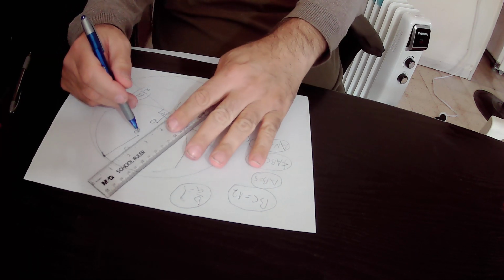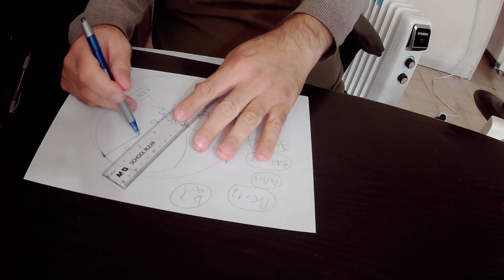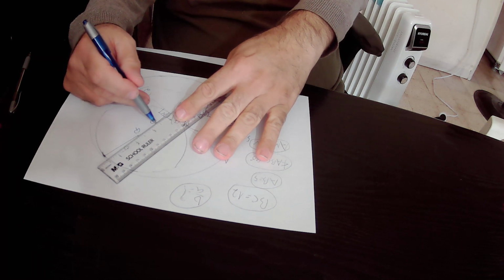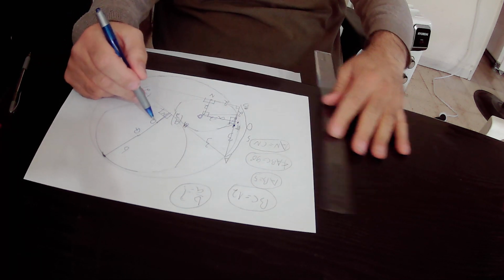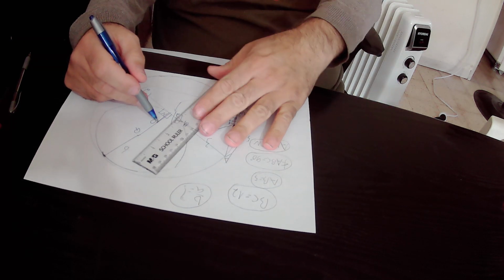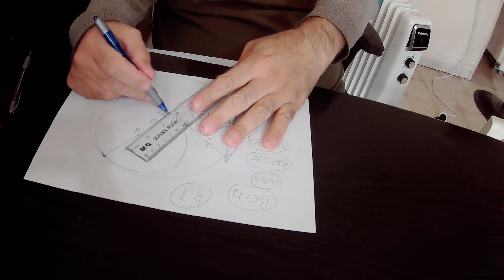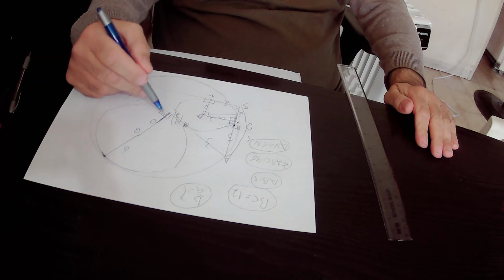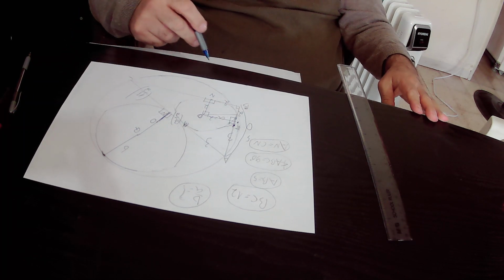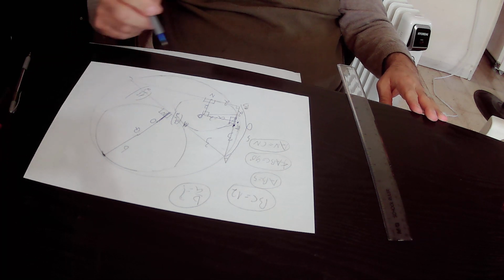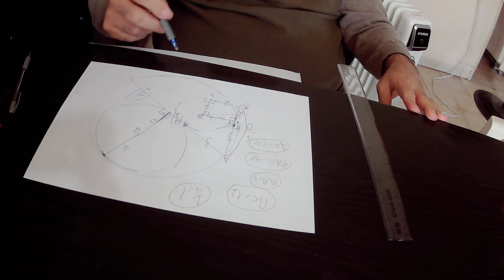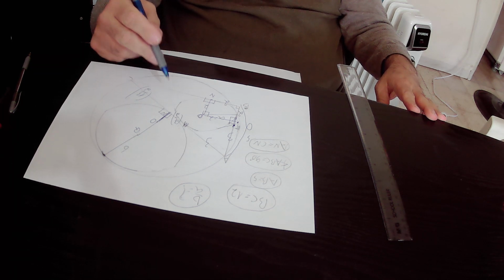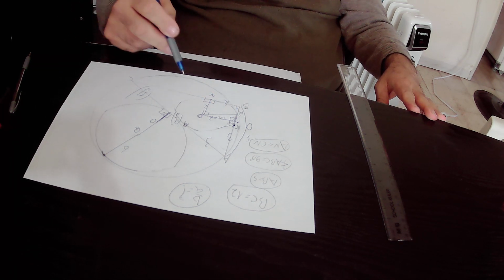Again, this is line segment QN, the radius of this circle. The radius QN is drawn to point N, the point of tangency of tangent AC with this circle.